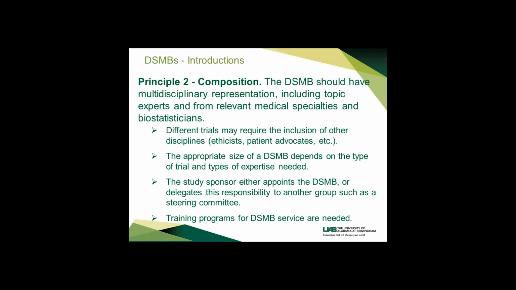Our reports are pretty short, as compared to the multi-center trials where we give the DSMB a book every time we meet. And then this is a big issue and something I think that is not happening as often as it should, but there need to be training programs for people who are going to be on DSMBs. How do you know what a DSMB should be doing if you've never done one before?